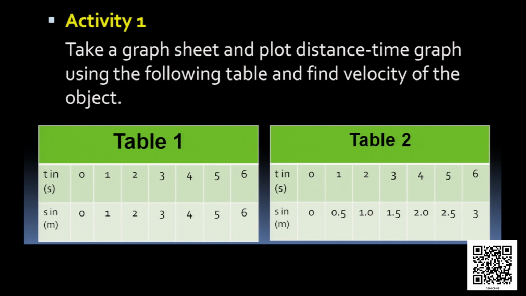If you look at the table carefully, time is mentioned in the first row, it is not a column, first row: 0 second, 1 second, 2 second, 3, 4, 5 seconds. And distance s is the distance in meters: 0 meter, 2 meter, 1 meter, 2 meter, 3 meter, 4 meter, 5 meter, 6 meter.